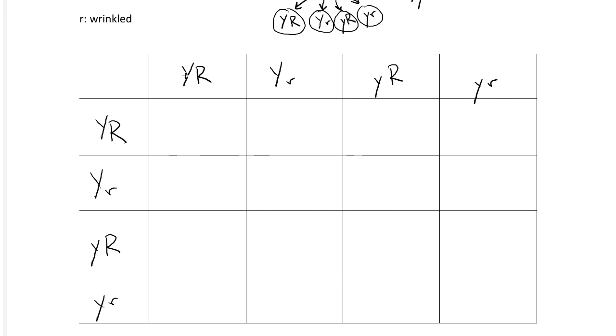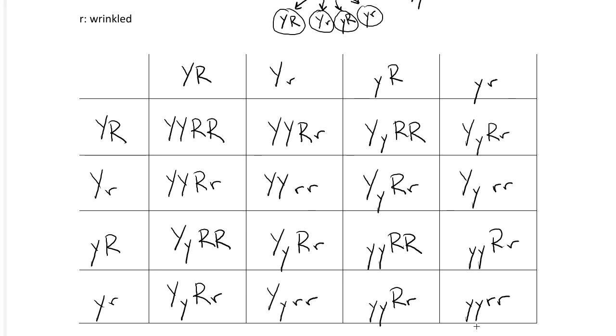In each box we take the two gametes from the two different parents and we put them together to write the genotype that we're going to get. So here I have all dominant for both of the genes. Here I have two capital Y's and I have one capital R and one lowercase r. And I continue like that. So pause the video now and fill in the rest, and then you can check with what I filled in. So here are the genotypes all filled in.